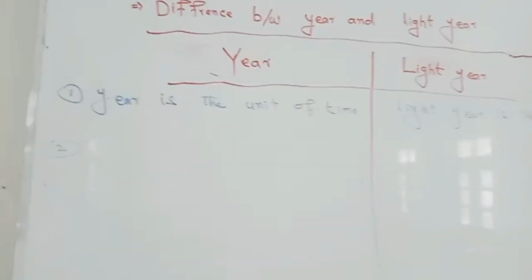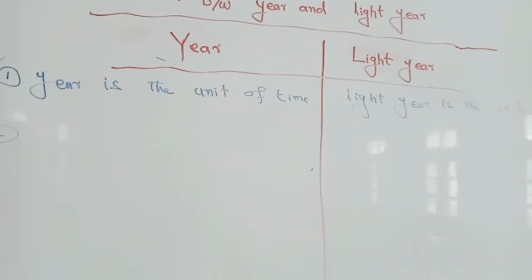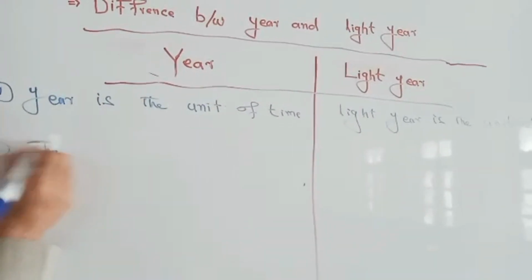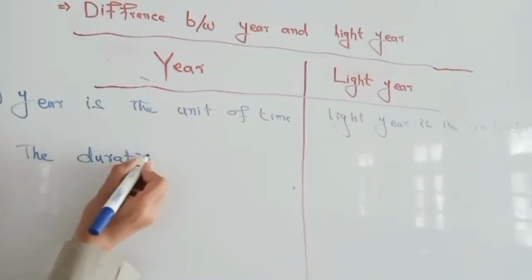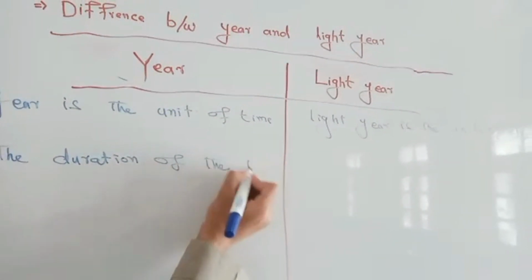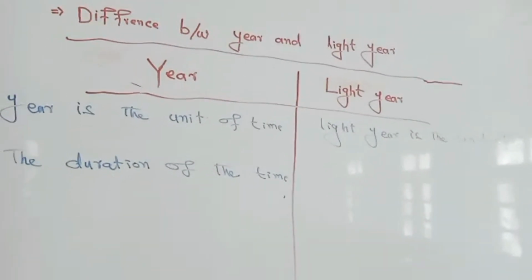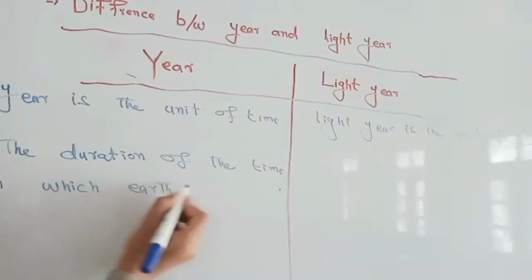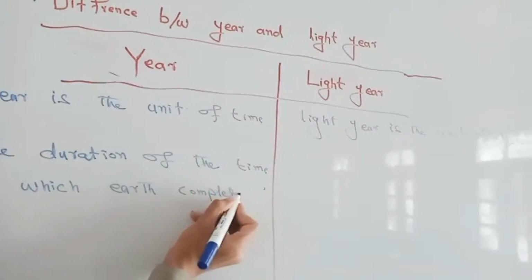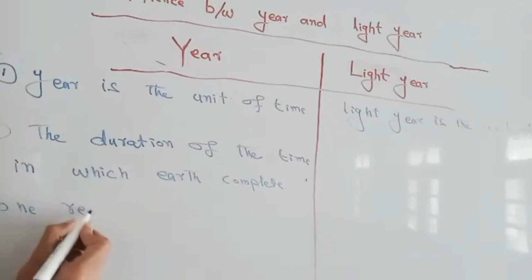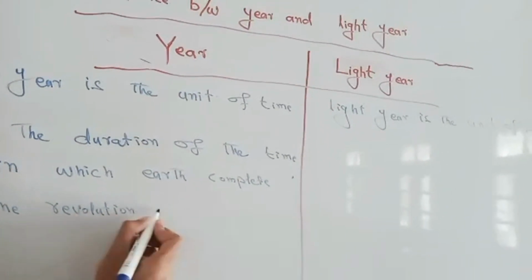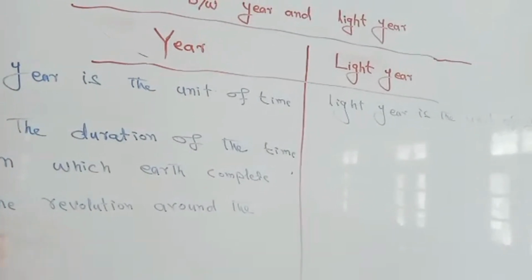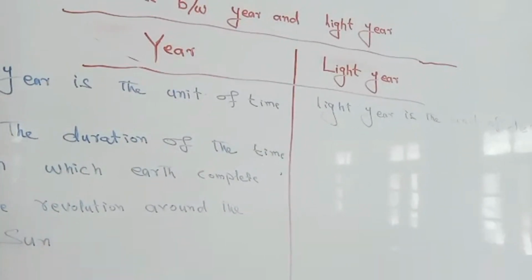Second part, the definition of the year: the duration of the time in which the earth completes one revolution around the sun is called a year.